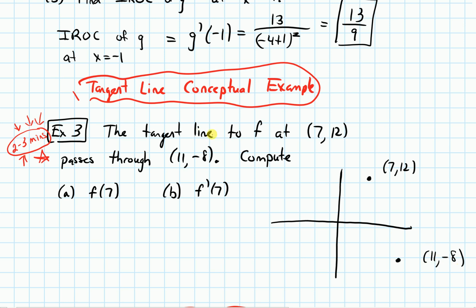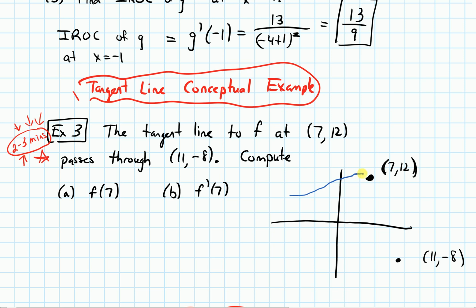So whatever my graph looks like, there's a tangent line to the graph at the point (7, 12). So at the point (7, 12), there needs to be a tangent line right at that point. That means that whatever the graph of the function looks like, right at (7, 12), the function needs to go through this point.